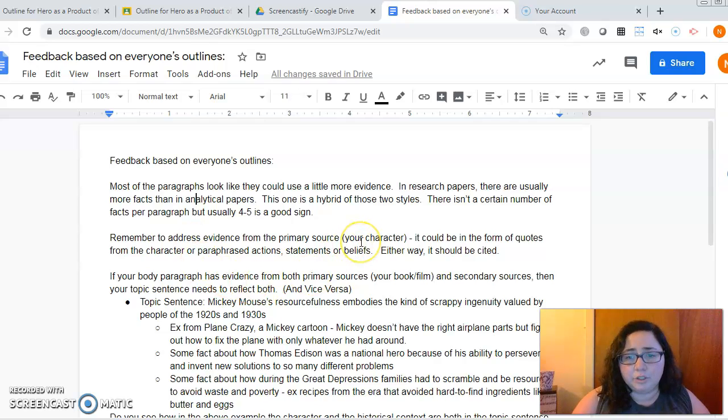So you can use quotations directly from the character, or you can paraphrase actions, statements, or beliefs, but it should be more specific than just they are brave. Something like they show bravery when they blah. Something a little bit more specific, okay?